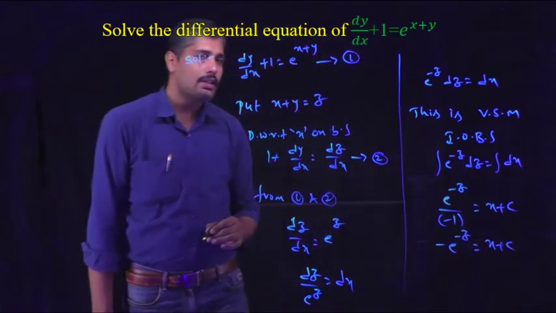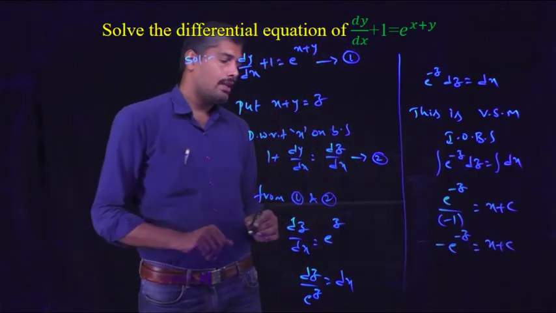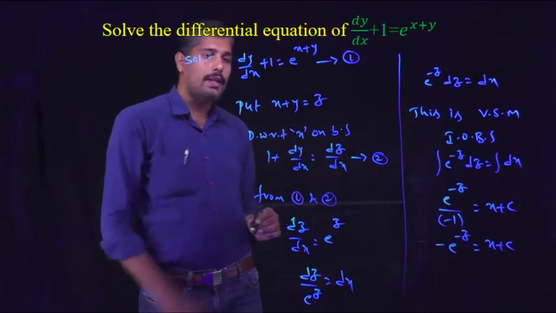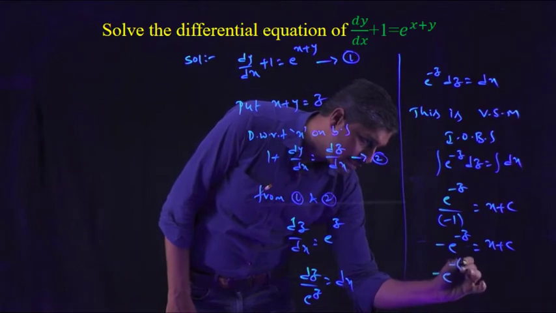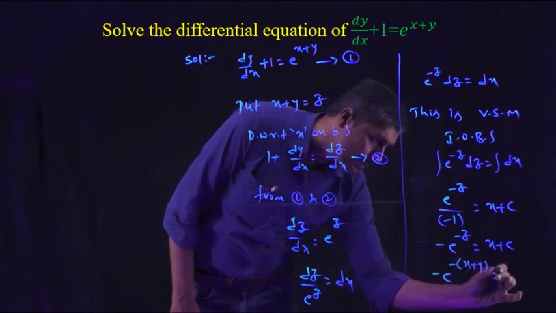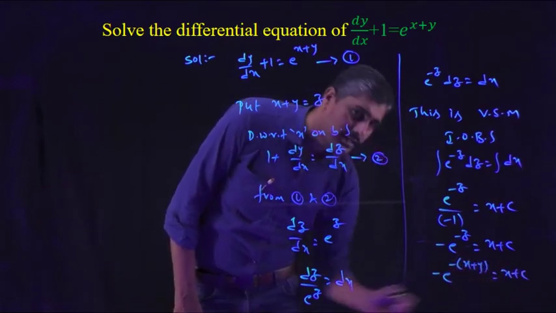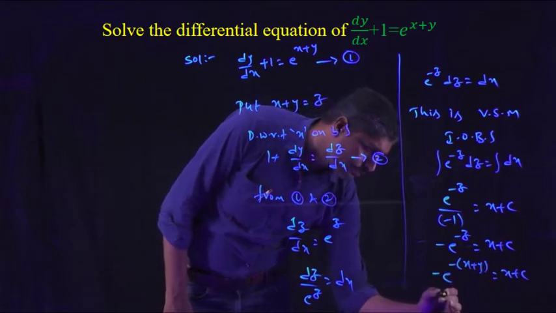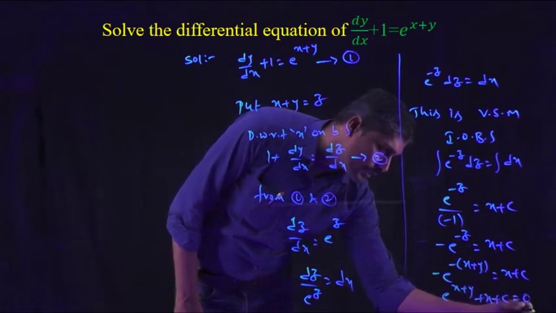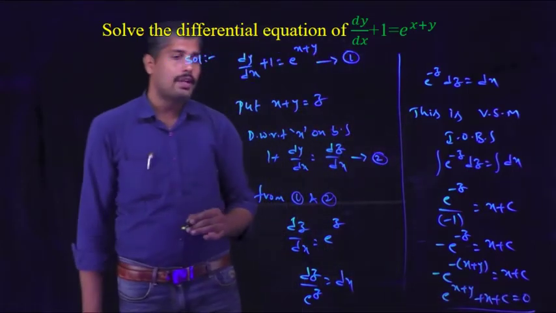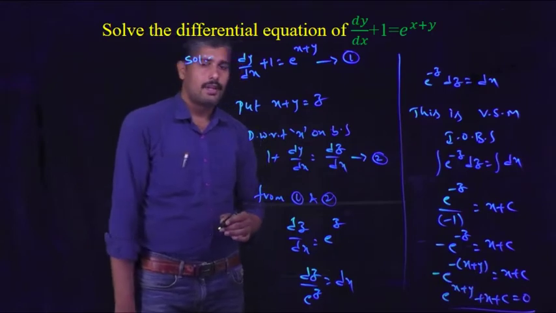We know that z equal to x plus y. Substitute here, that is minus e power minus of x plus y equal to x plus c. Take right side, then we get e power minus of x plus y plus x plus c equal to 0. That is the solution of the differential equation, right?